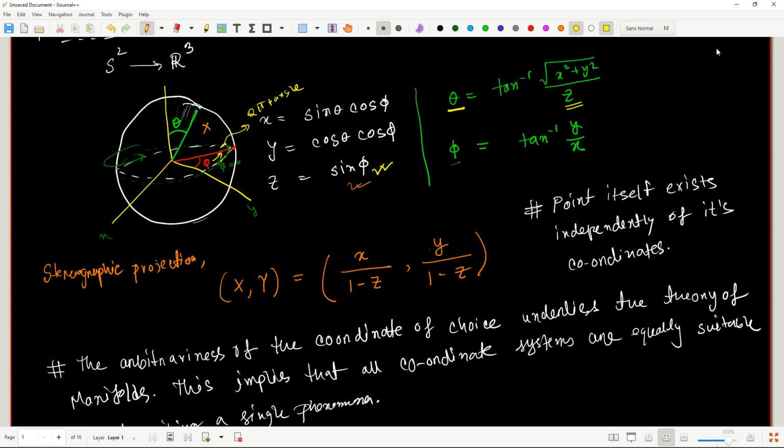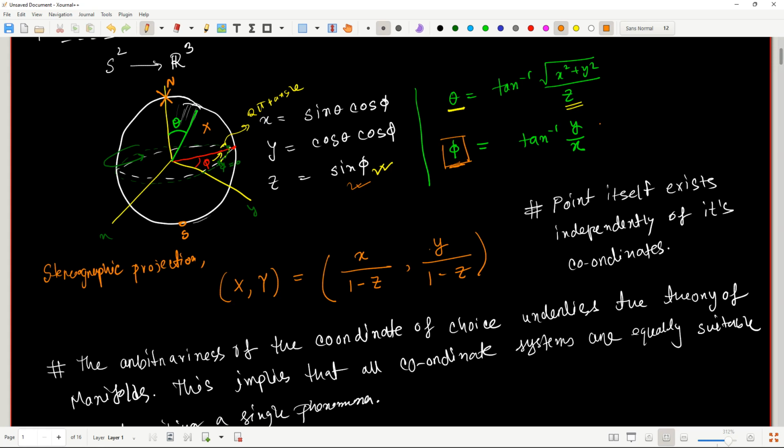at poles, not only do you have this theta issue, but also at poles, that means this point, let's say this is the North Pole and this is the South Pole, at these 2 points, you don't even have any phi values. Why is that? Just look at this expression over here. It only contains x and y.